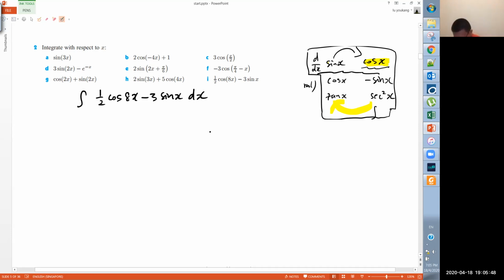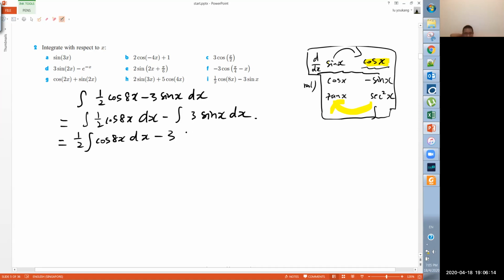Okay, good. So I will just go through 2i. For this question, you integrate term by term. So for this, the half, you can take it out of the integration sign.